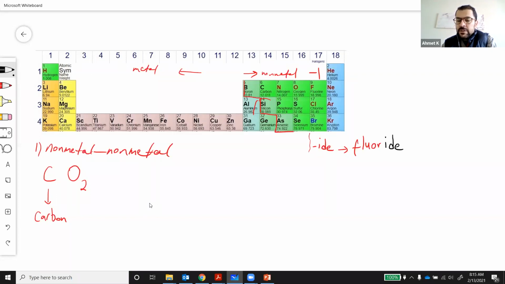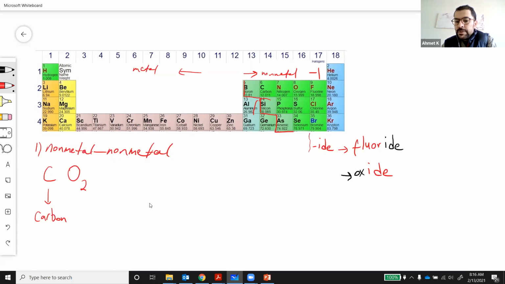Same thing with oxygen and sulfur: we still add -ide, but we drop letters. Oxygen, I'm going to drop these last four letters, and it becomes oxide.